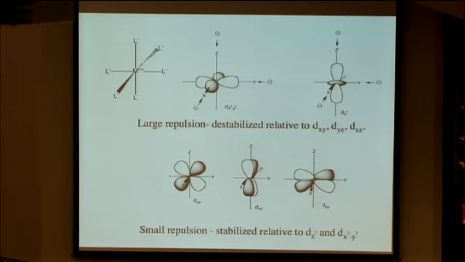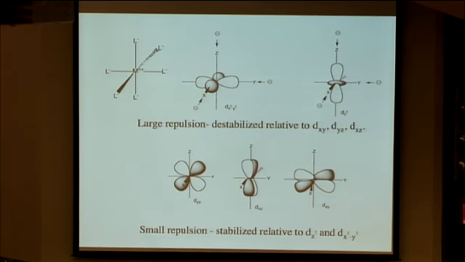So then to sort of summarize this set of orbitals, for dz squared and dx squared minus y squared, we have large repulsions by those negative point charges. They're pointing directly at the orbitals, and so they're destabilized higher in energy than the other, the dxy, dyz, and dxz.